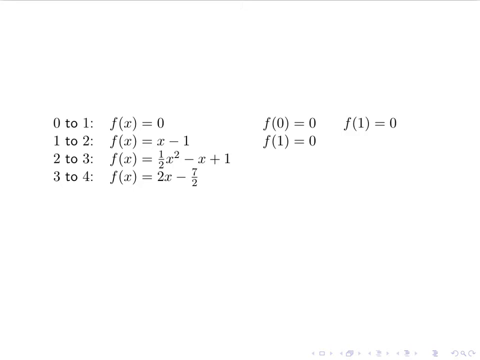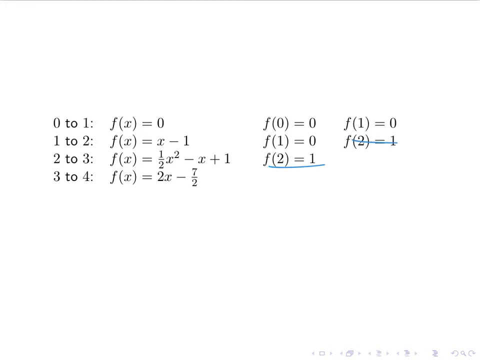And I get 1 minus 1, which is 0, so that's good. I need these two guys to be the same from function to function. Now I'm going to plug in 2, and 2 minus 1 is 1. So now when I go down to my next one, when I plug in 2, I better get 1. So 1/2 times 2 squared minus 2 plus 1. It is 1, so that's good. They're matching up.